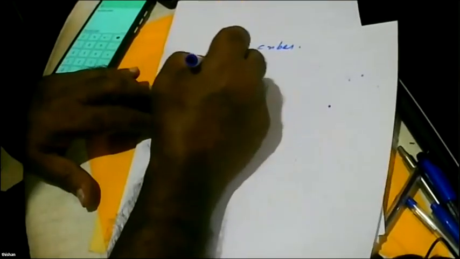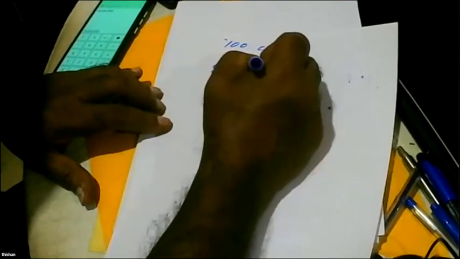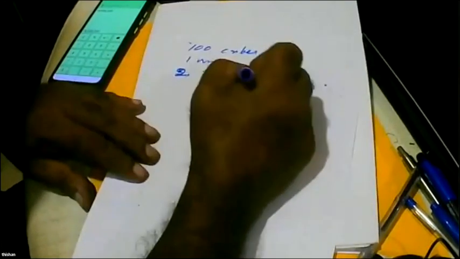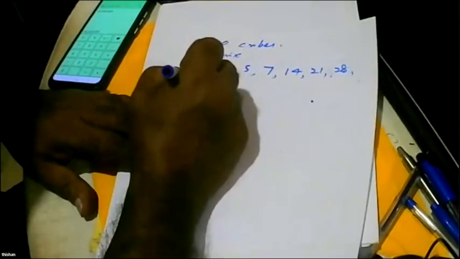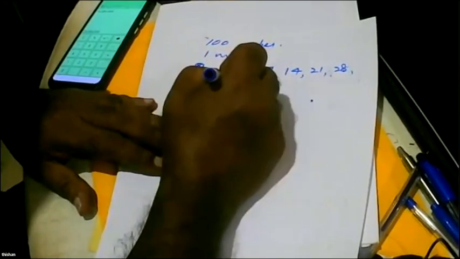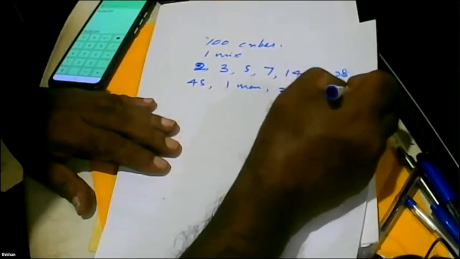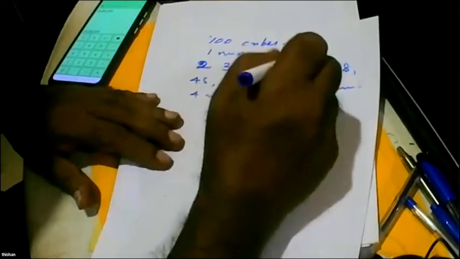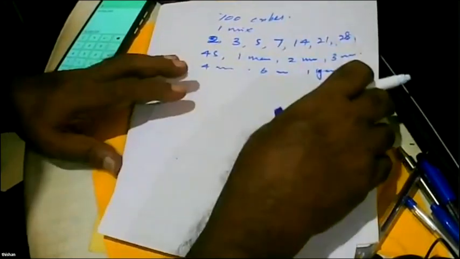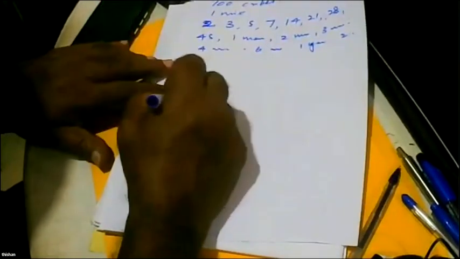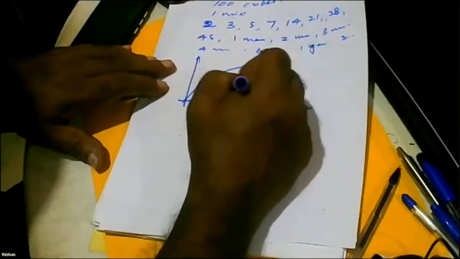And then you are going to test at 2 days, 3 days, 5 days, 7 days, 14 days, 21 days, 28 days, 45 days, 1 month, 2 months, 3 months, 4 months, 6 months, 1 year, 2 years, and so on. Then you put it on a log scale here. Get a curve, and that is the strength development curve.